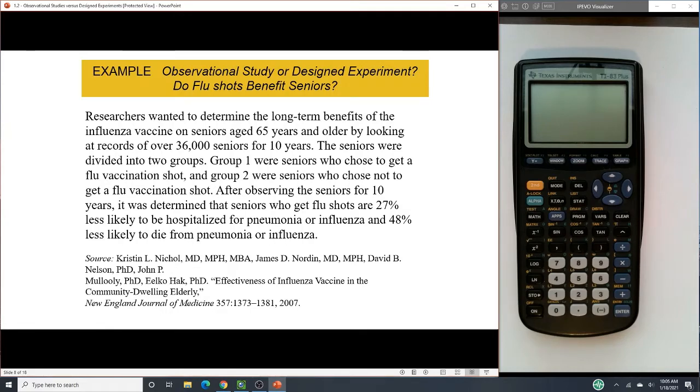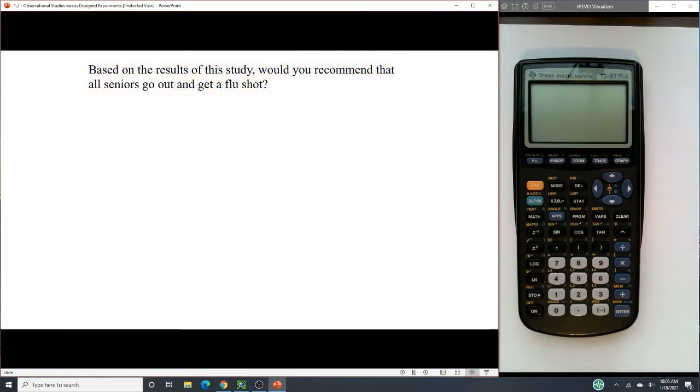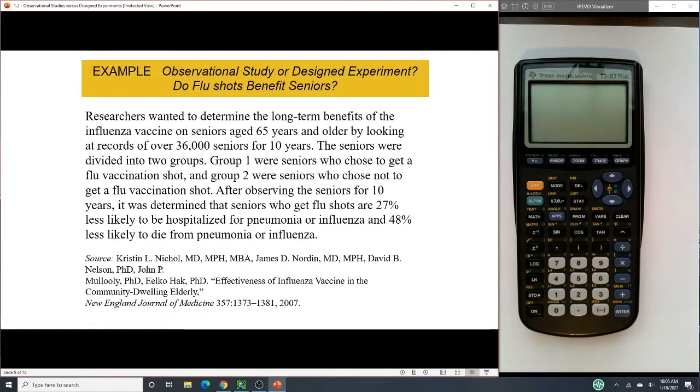After observing the seniors for 10 years, it was determined that the seniors who got flu shots were 27% less likely to be hospitalized and 48% less likely to die. Based on this, would you recommend that they get the flu shot? Yes, because that is a pretty good result. We want to make sure that we're doing those.